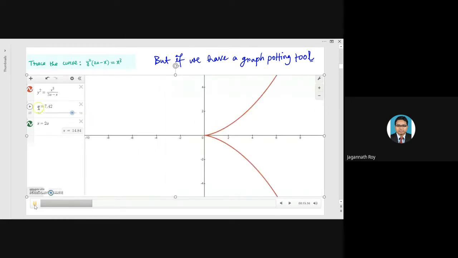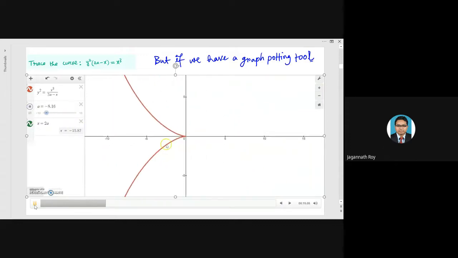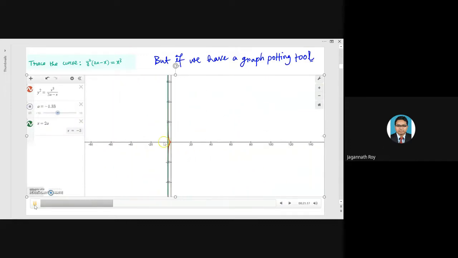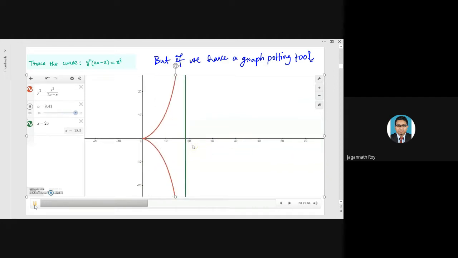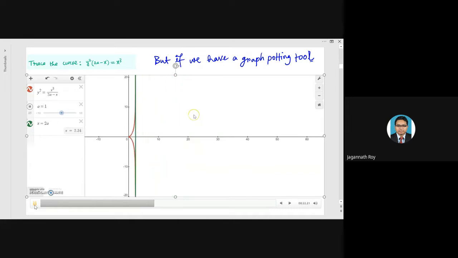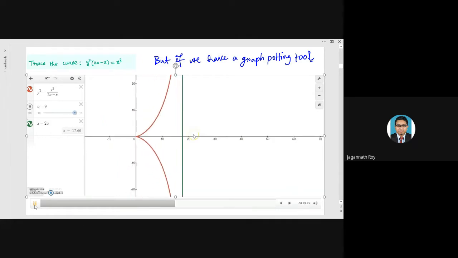Now if you change the value of a, you can see that the graph will change its location. So what is happening here? With the help of this graph plotting tool, we can easily plot this diagram or trace this curve.